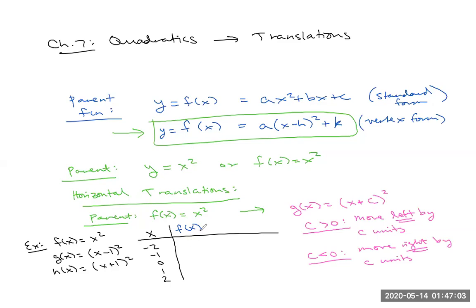Oops, sorry, I'm thinking about my g of x too early. Start with f of x, we're on the parent. So -2 squared, that'll be 4, and then -1, oh goodness, why am I doing this? 4, 1, 0, 1, 4.